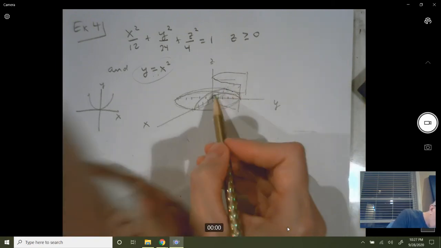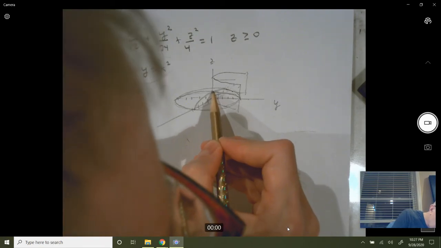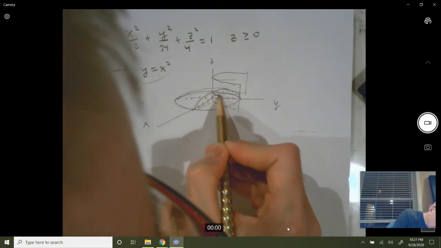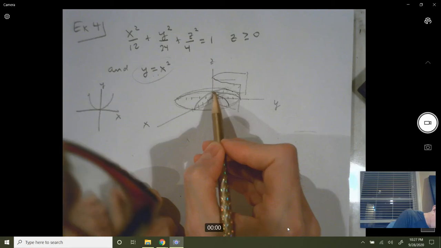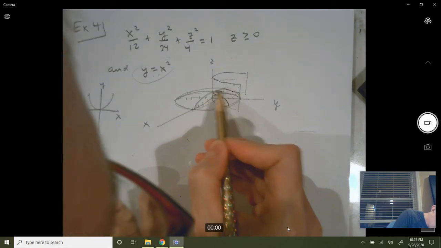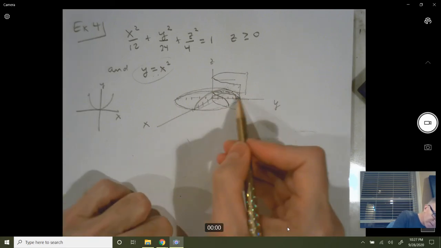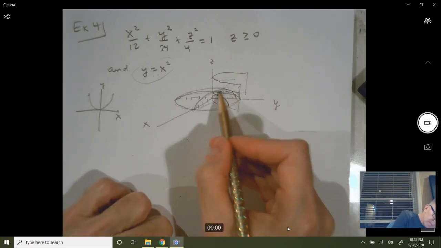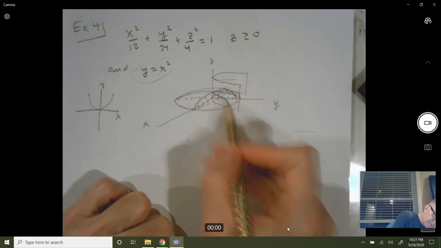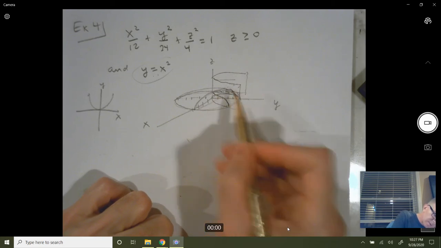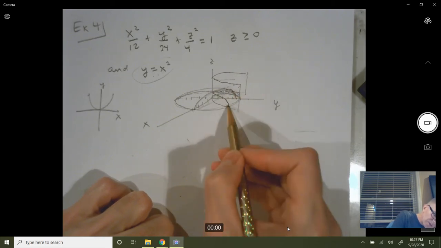Well, it's going to hit the top here. And from here, it just kind of comes down to here, around here, on the other side, it comes down, comes back on the other side. Okay, so this is your curve.